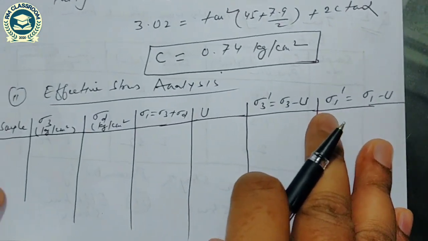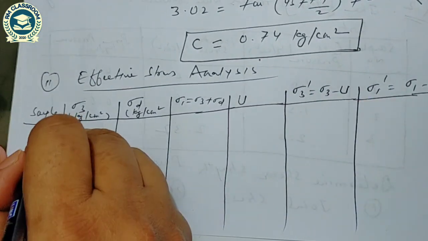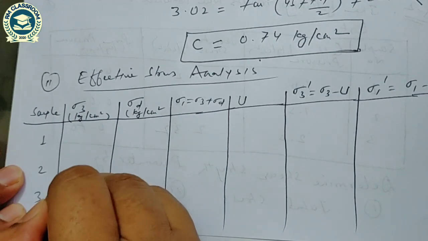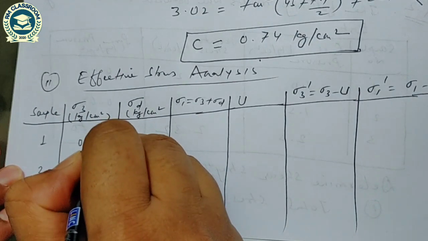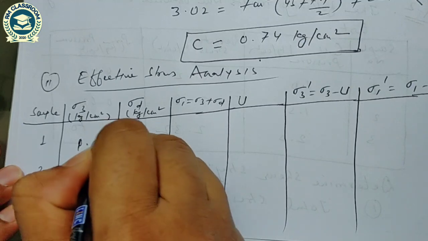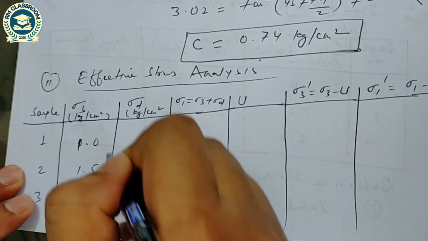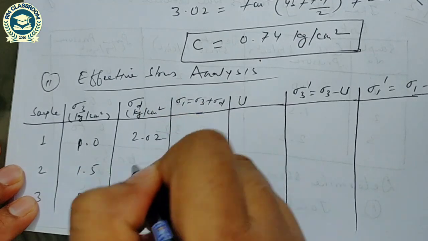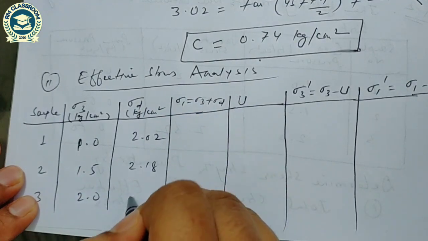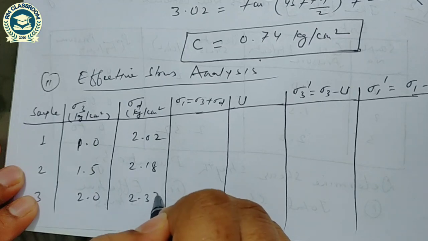So for sample number 1, 2, 3, the value of cell pressure is 1, 1.5 and 2. Deviator stress is 2.02, 2.18 and 2.37.